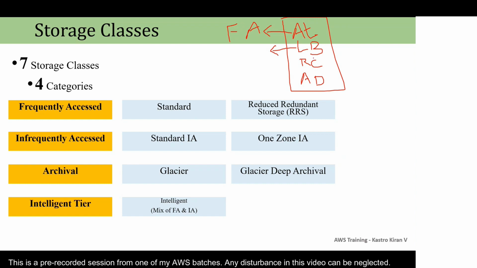Library is a place which is accessed by students, but it is not frequently accessed. Only when there is a requirement will students go into the library and take the books. So such data is called infrequently accessed. Remember, the library books are being accessed by the students, but what is the frequency of access?